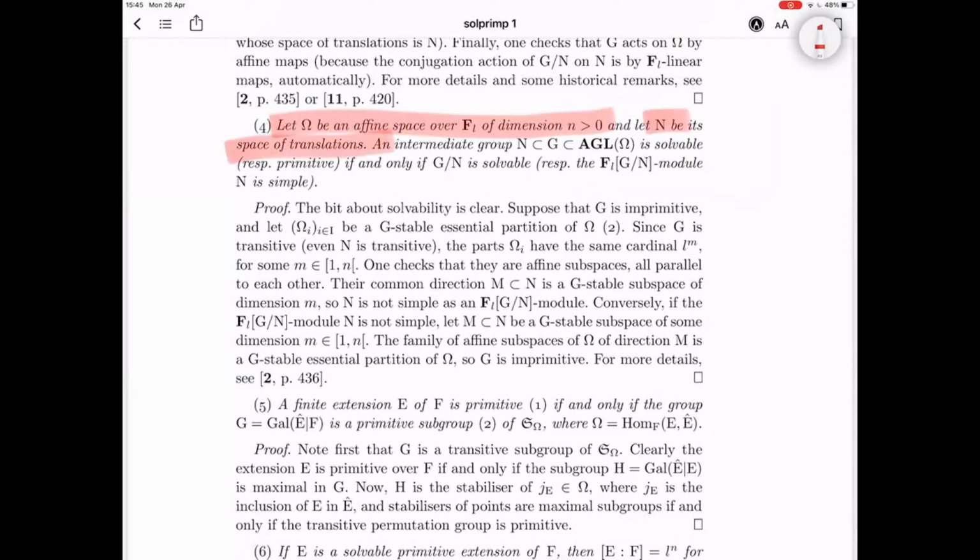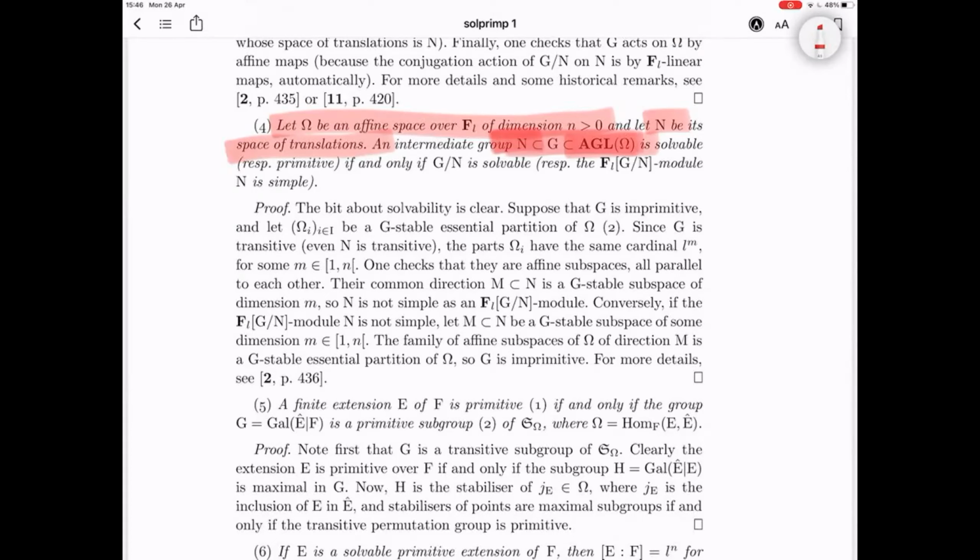An affine space always has a vector space attached to it, which is the space of translations of that affine space, and under which it is a torsor, a principal homogeneous space, right? And the translations are always a subgroup of the group of all affine automorphisms of omega. And now I'm taking a subgroup G which is in between.